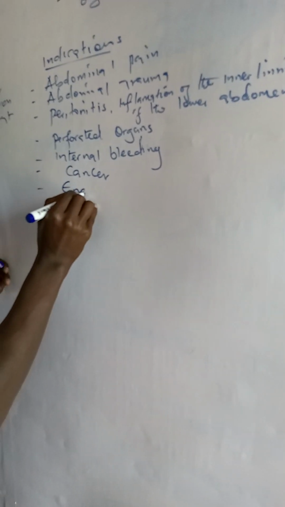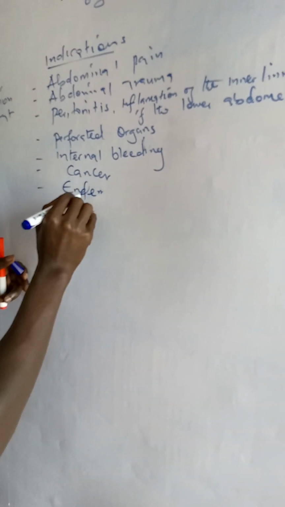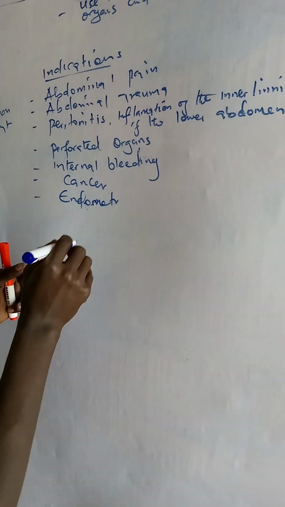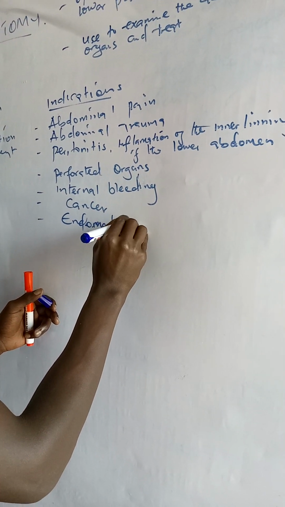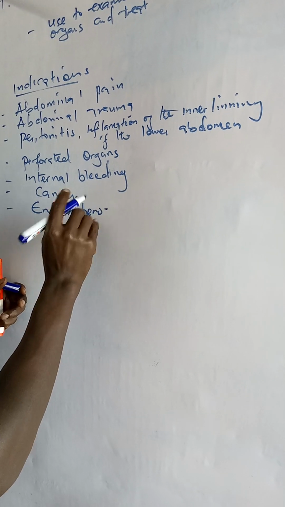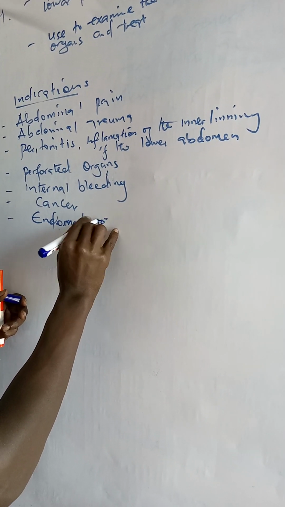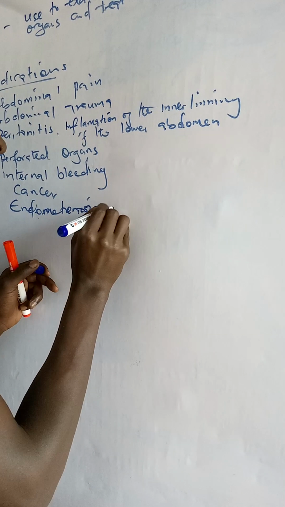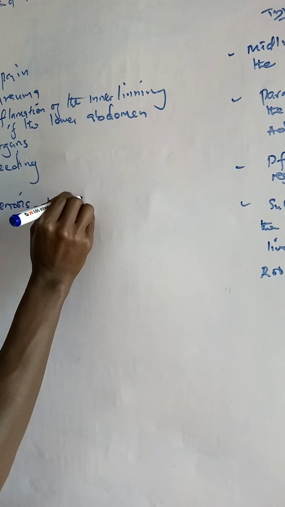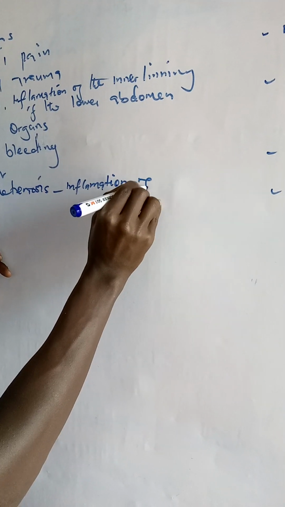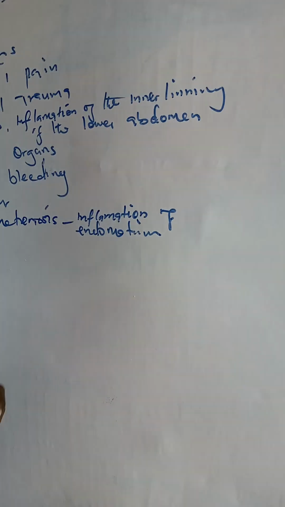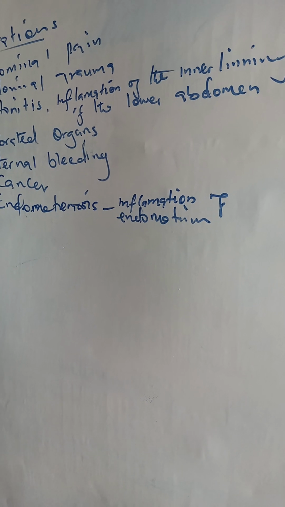We look at the people with endometriosis. This is the inflammation of the endometrium. Endometrium is the inner side part.